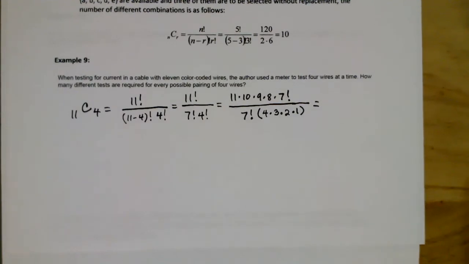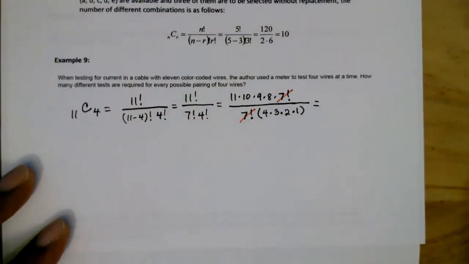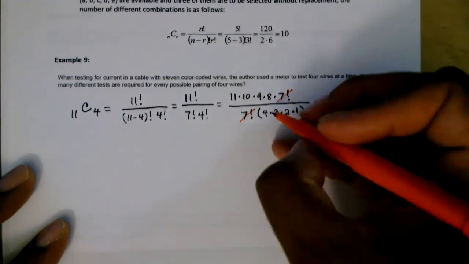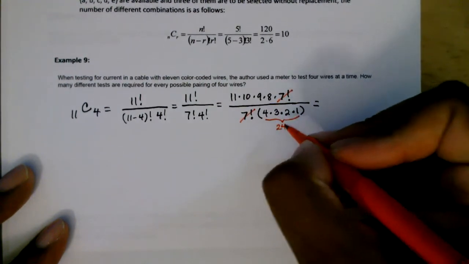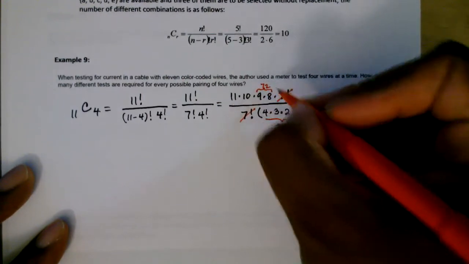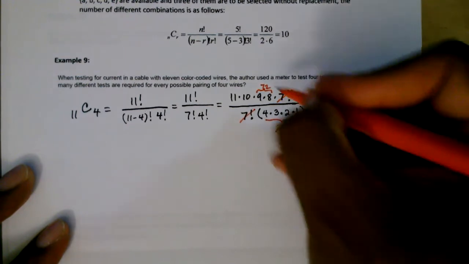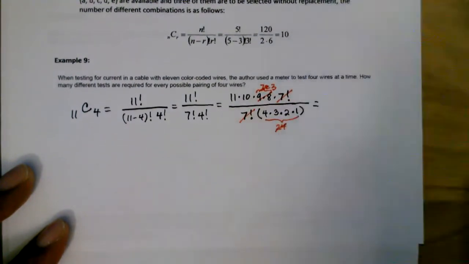Let's divide some numbers out. 7 factorial, that's gone. I know 4 times 3 times 2 times 1, if I multiply that out, that's 24. And 9 times 8, that will be 72. I know 24 goes into 72 3 times.